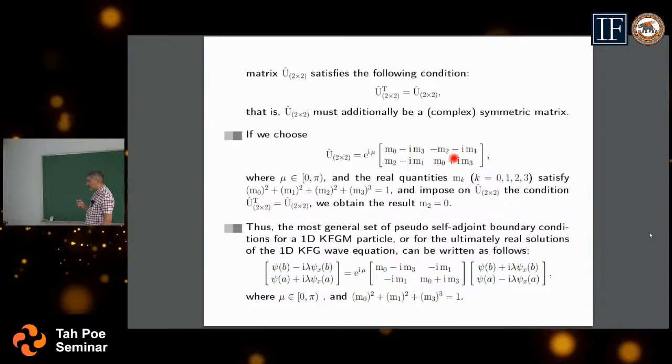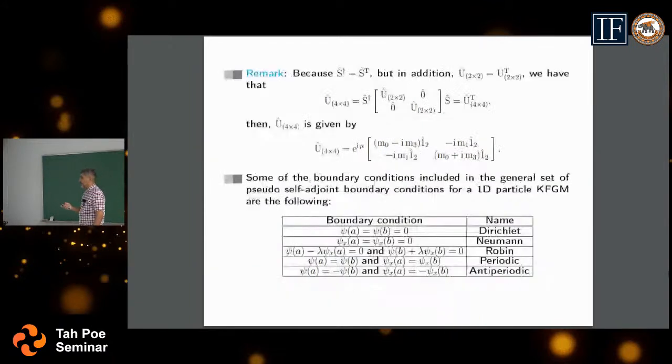So you put here 0, M2, 0, and 2. So you have M0, M1, and M3. But they are related because of this. And finally, you get 2 plus 1, which is 3. So you have a general family of 3 real parameters. This is the most important result related to boundary conditions.